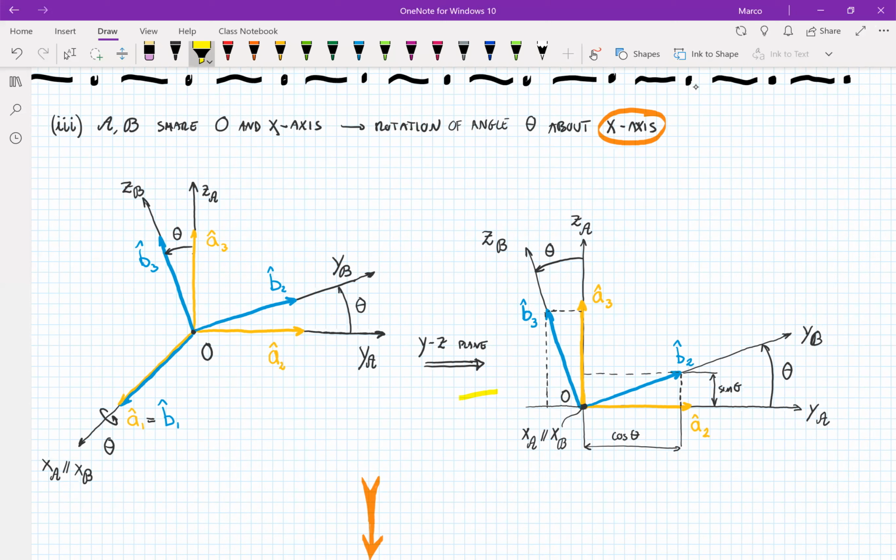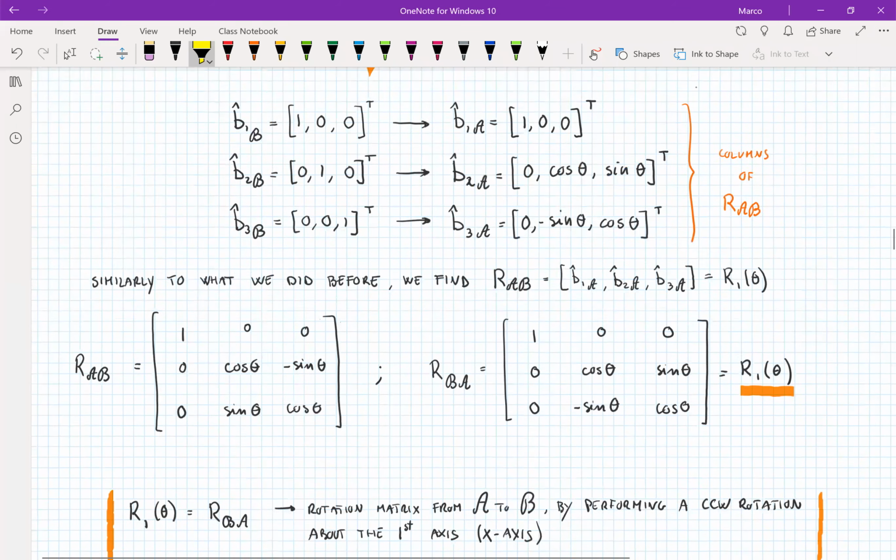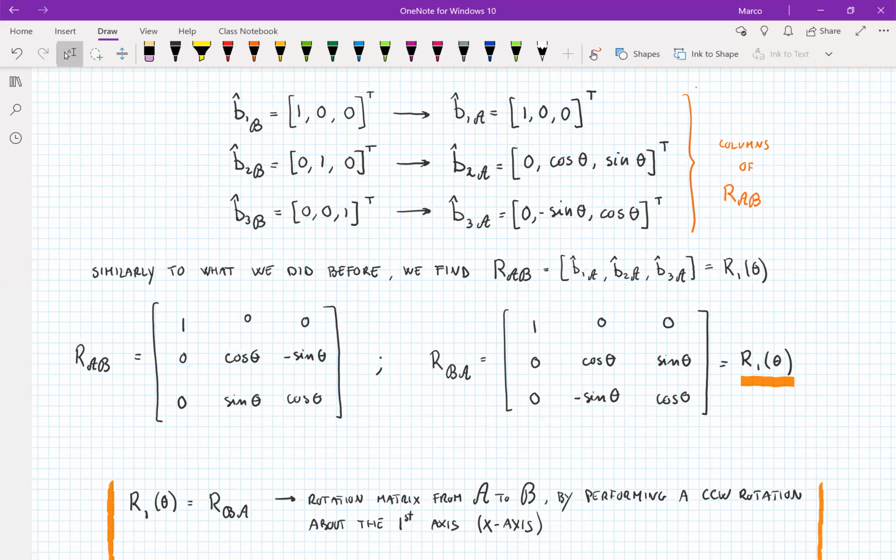Now, the two-dimensional plane is going to be the yz plane. That's the plane on which the rotation actually occurs. And so we can find the rotation matrix R1 of theta, and that is 1, 0, 0, 0, cosine theta, sine of theta, 0, minus sine of theta, cosine of theta.